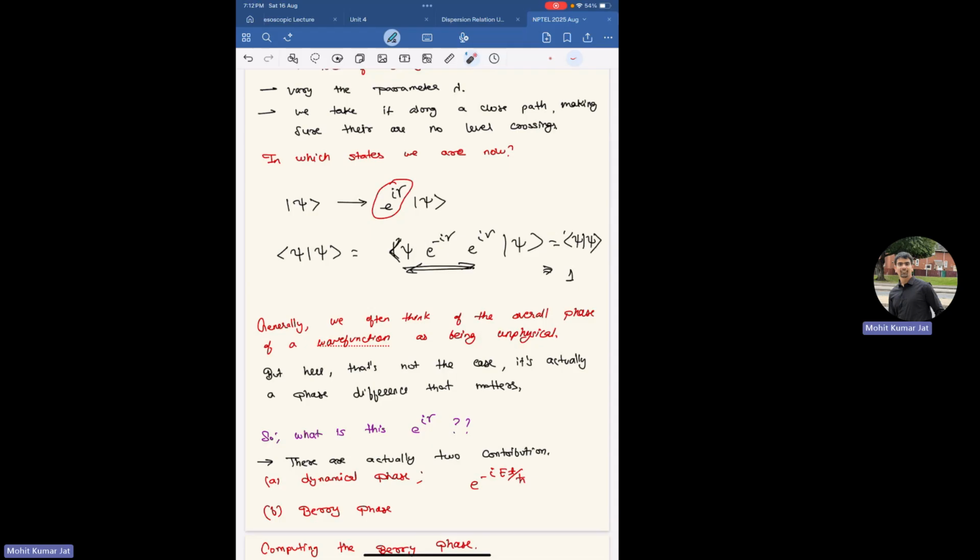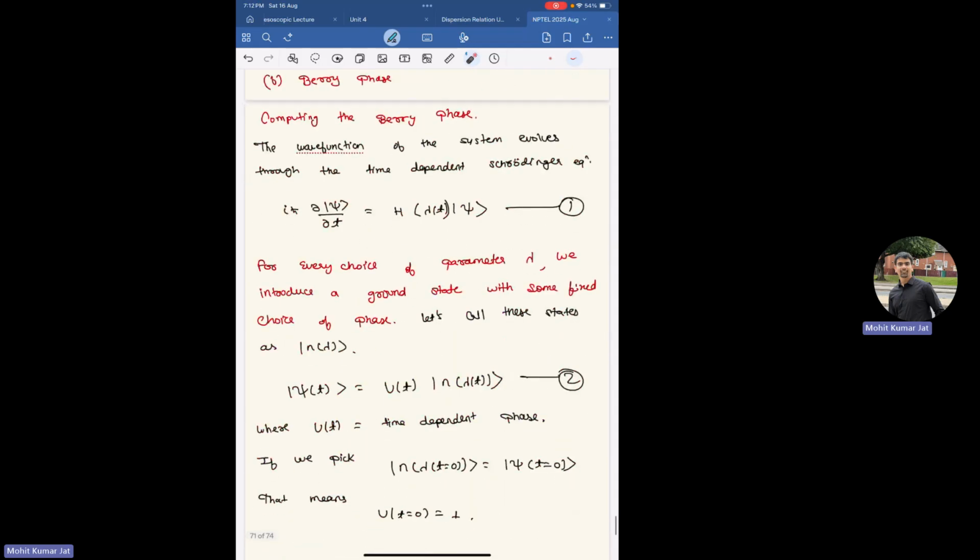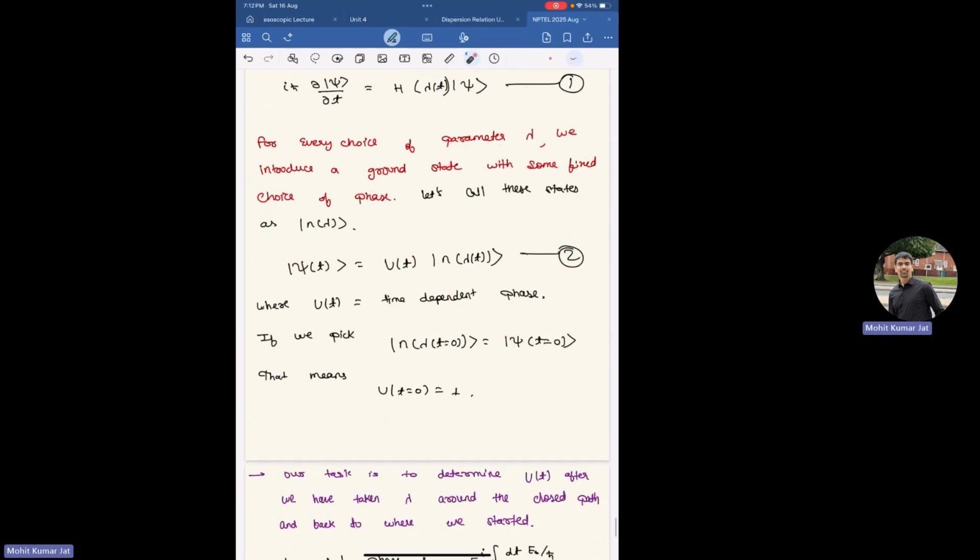But there is another phase which depends on the path you take, for example this lambda parameter which I'm talking about. You tune your parameter to move along a closed path and come back to the same position, and that will pick up a phase which has a physical meaning. That is known as the Berry phase. You get it by choosing your energy eigenstate wave function to be psi equals U(t) times the eigenstate at lambda(t).